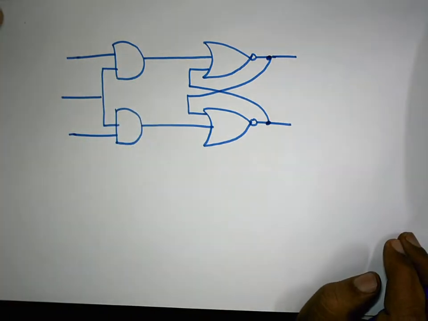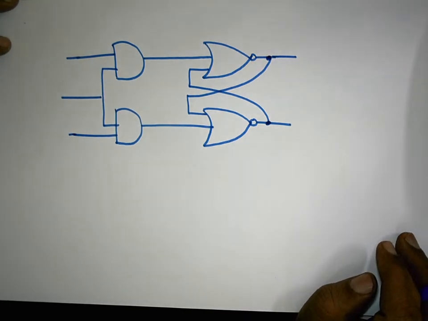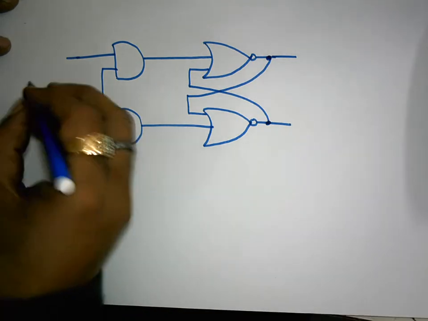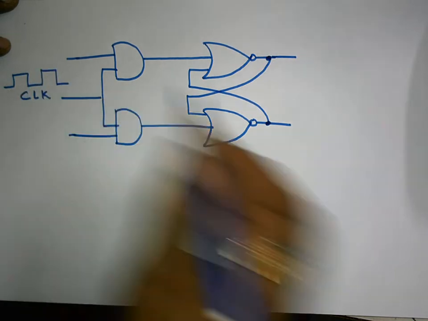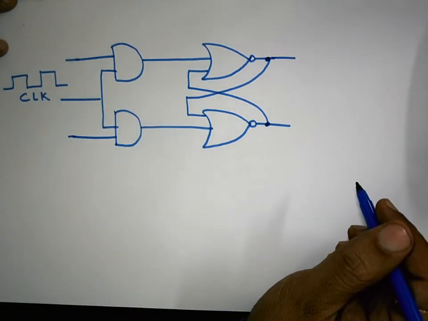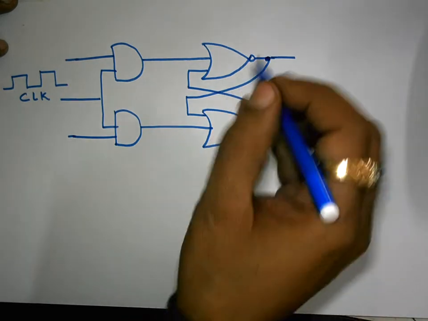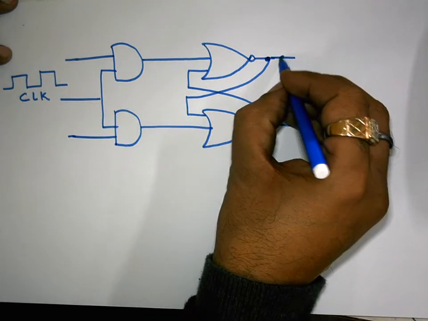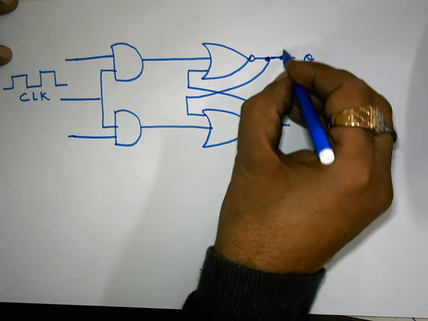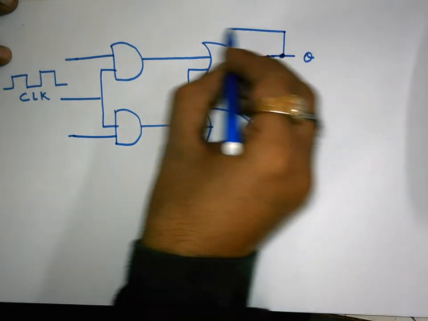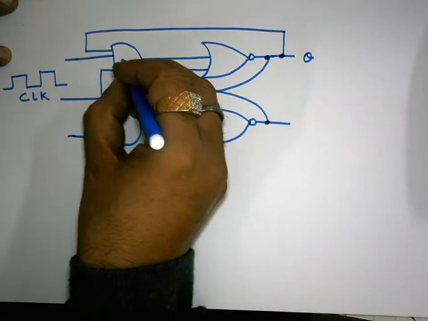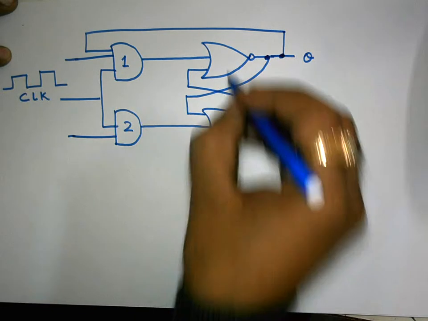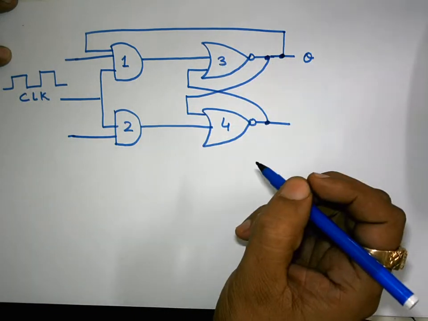This is the circuit that we have discussed so far. This is the clocked SR flip flop. Clock is applied over here. This is the clock. Okay. Now suppose I make a modification that one of the outputs, say Q, is fed back to one of the inputs of, say, gate number 1. This is gate number 1, gate number 2, gate number 3 and gate number 4.